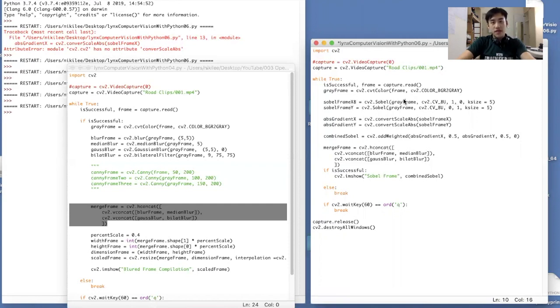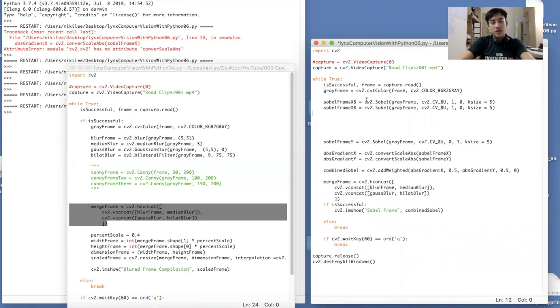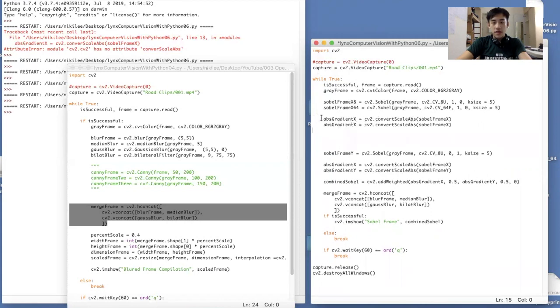Let's just give it two names, and let's just ignore these first, and the other one will be 64 float. Okay, so we change this to 64 float. Let's also do the absolute gradients. Right, so let's just leave all this out for now.